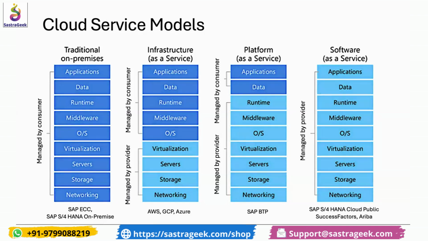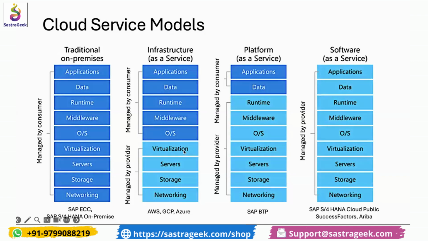Based on that, we have three service models: infrastructure as a service, platform as a service, and software as a service. Let me go a bit deeper into it. Infrastructure as a service is subscribing to hardware resources based on your demand. This includes networking, storage, servers, and virtualization.